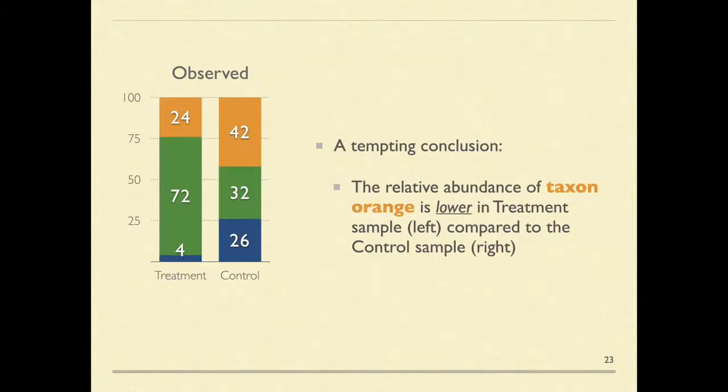So just to give a quick run through of what I'm talking about, if we look at this observed profile, it looks like the orange taxon is less abundant in the group on the left, the treatment group, let's say, compared to the control group on the right.